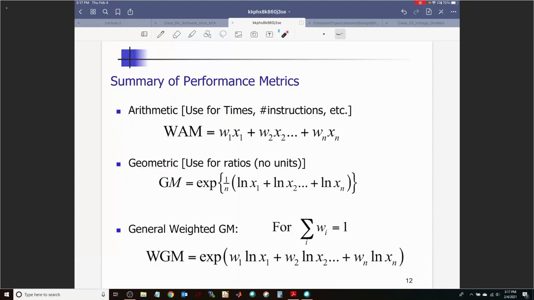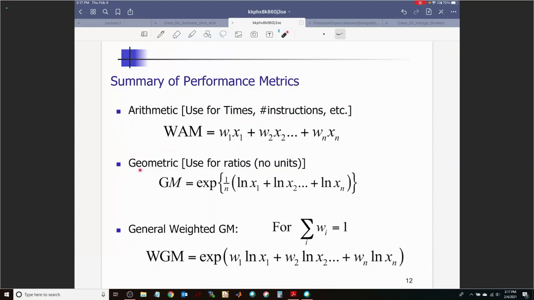Geometric mean can be used to compare ratios. We will see in a little bit that there is one particular number we would want to compute for a computer, and it would be a ratio. It's called the SPEC ratio. So if you have different computers and different programs with different SPEC ratios, then you can use geometric mean to find the faster computer.